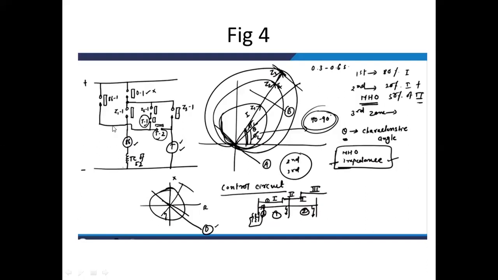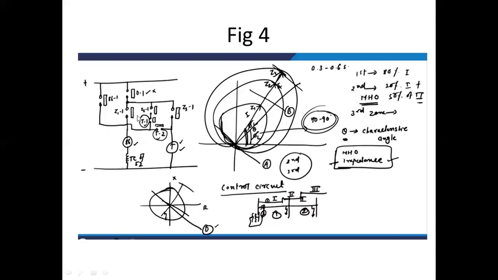And from this point we have the unit Z31, and then another unit Z21 somewhere here.